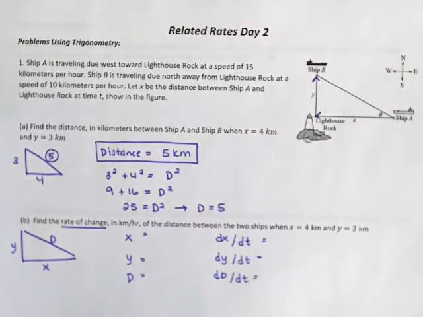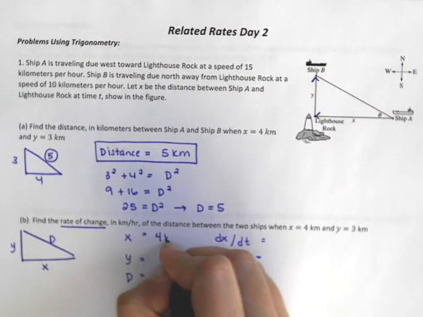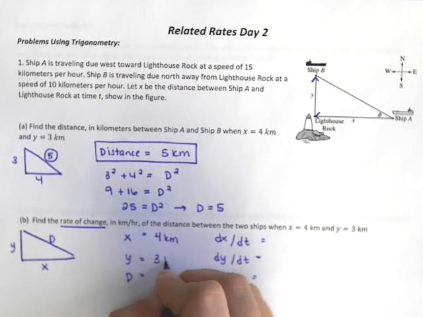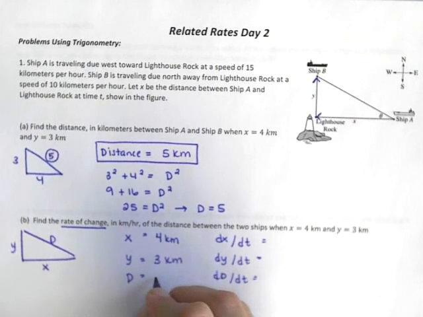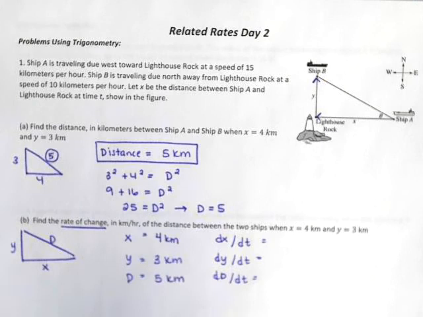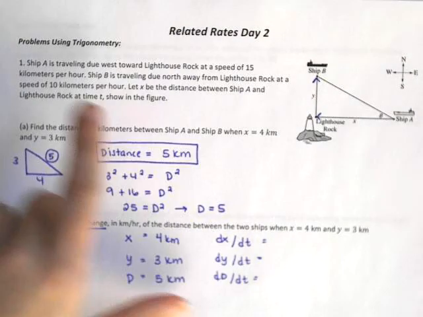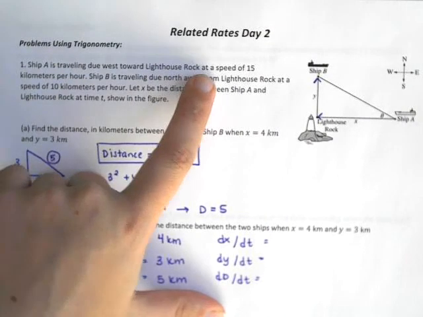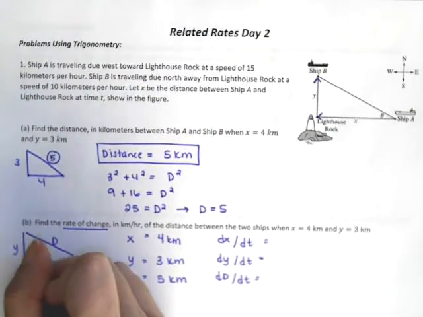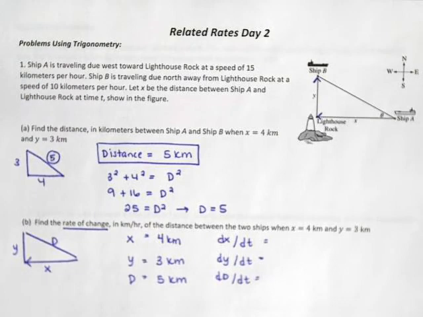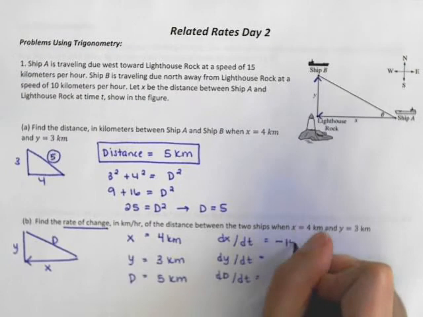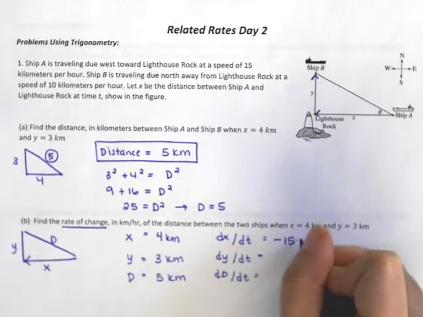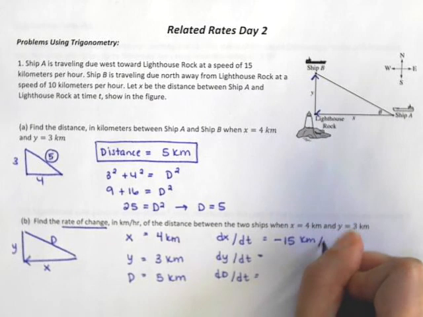Now at this moment in time, x is 4, y is 3, and we just calculated that the distance is 5. We also know from the original problem that ship A is traveling towards the lighthouse at a speed of 15. So his distance is changing at negative 15 kilometers per hour.